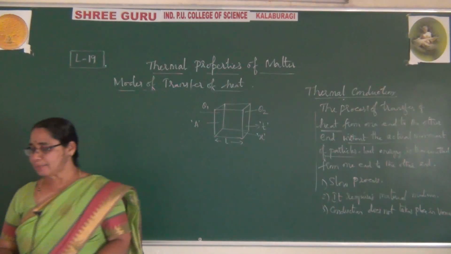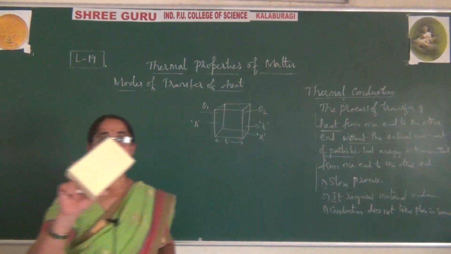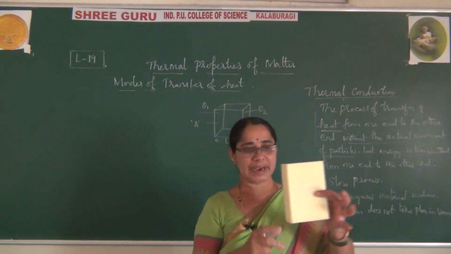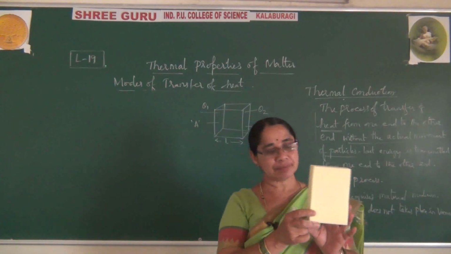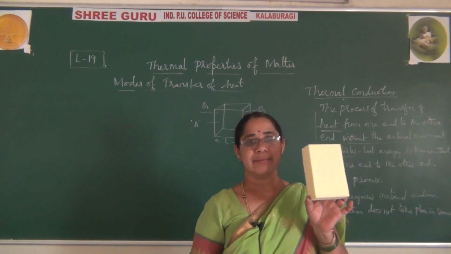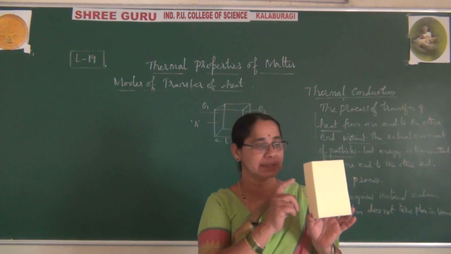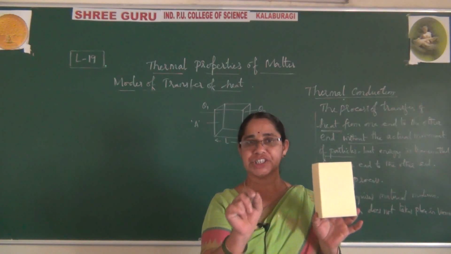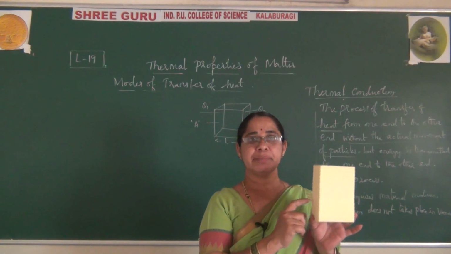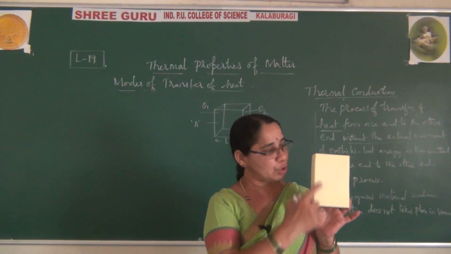Now let me take this rectangular block, this one cube you have. This cube has area of cross section A. The area of cross section is nothing but length into breadth.